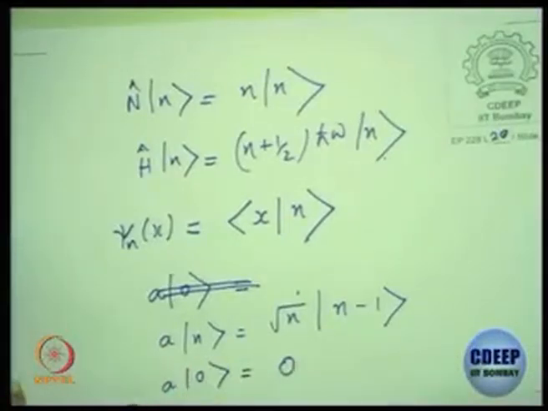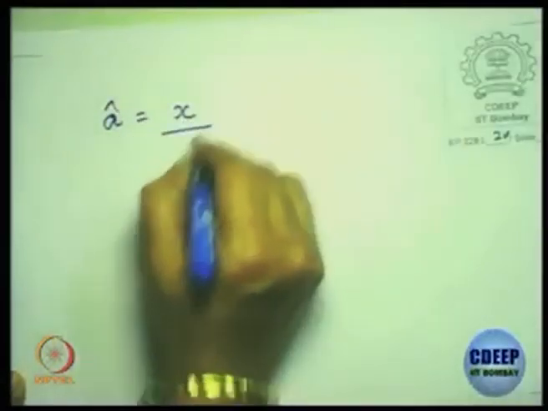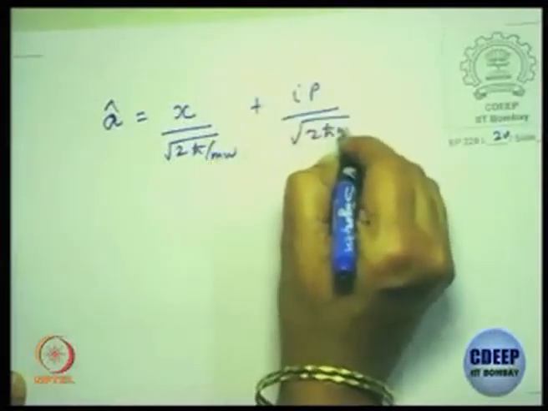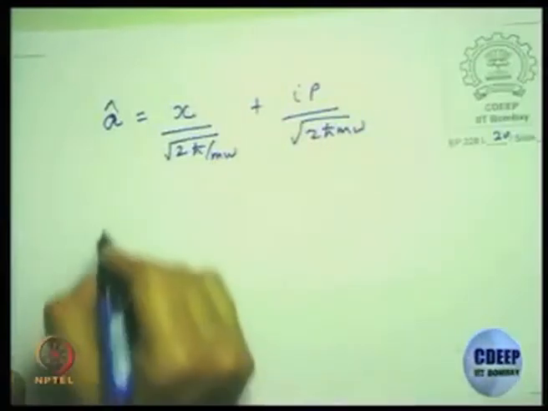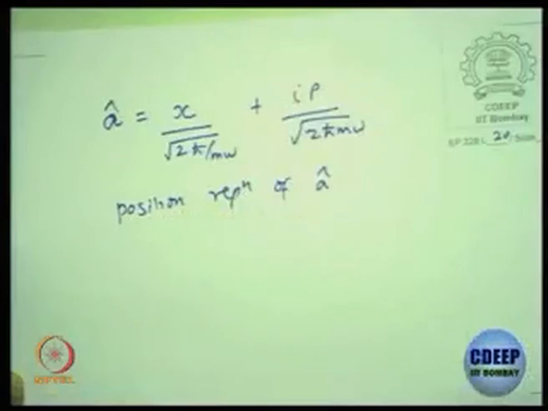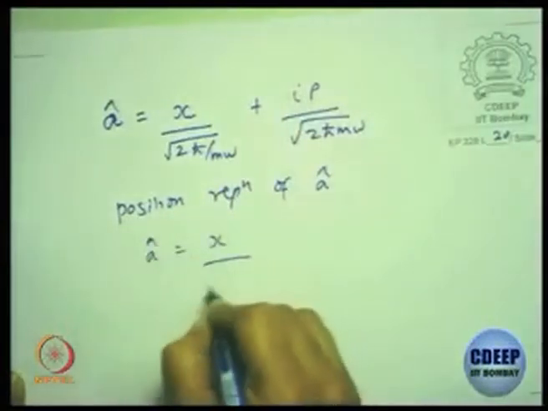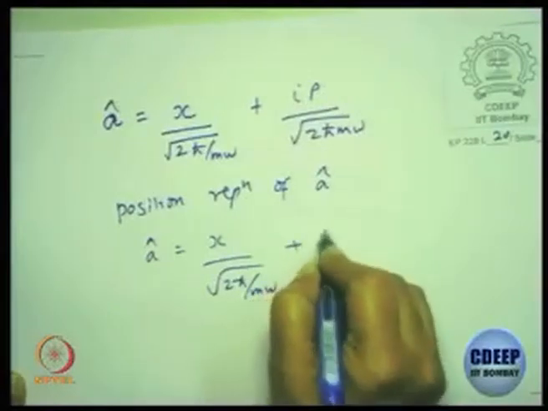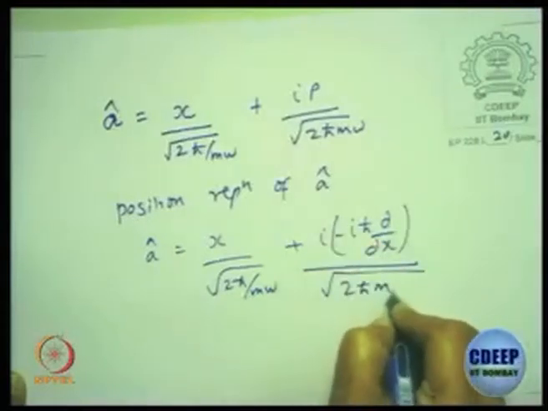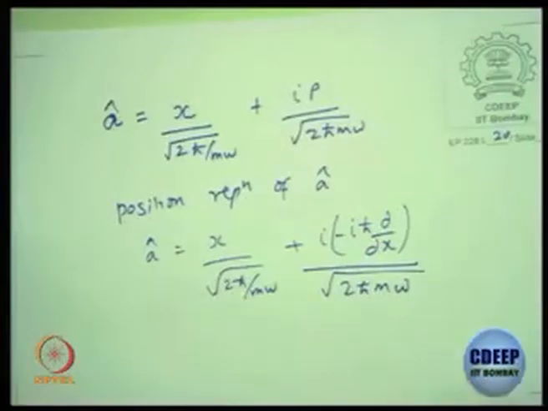A operator is X, up to a constant which is dimensionless, plus iP, right? A operator is X divided by something. A position representation of A operator will be... okay.